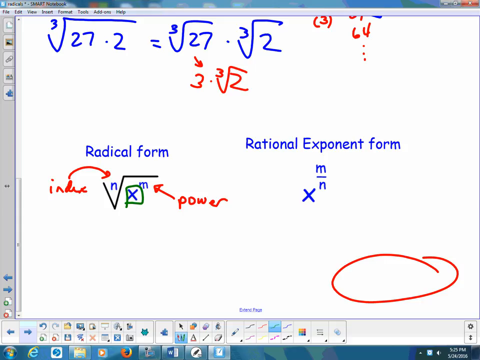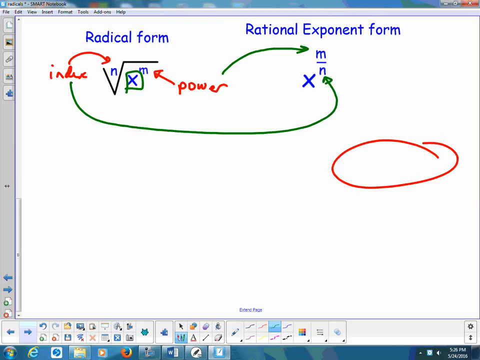The power always becomes the numerator, and the index always becomes the denominator. So quick example here. If I have, let's say, 5th root of x to the 4th, that could be rewritten in rational exponent form as x to the 4 over 5.